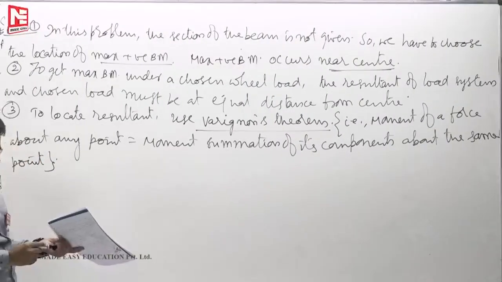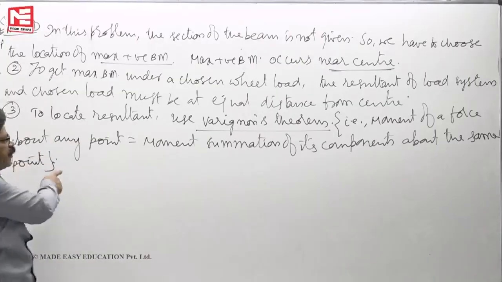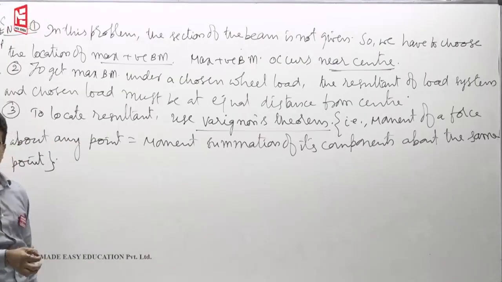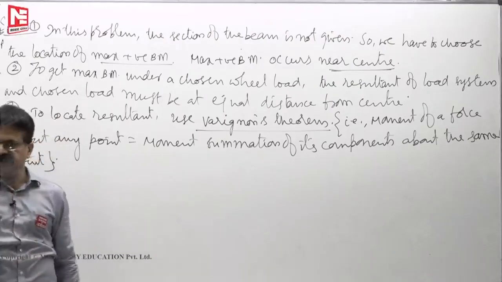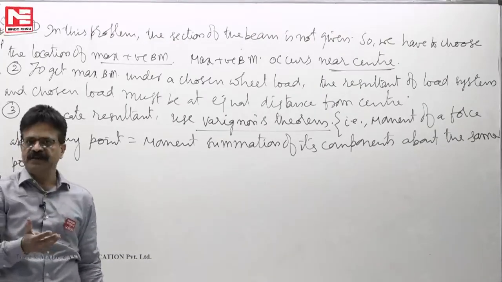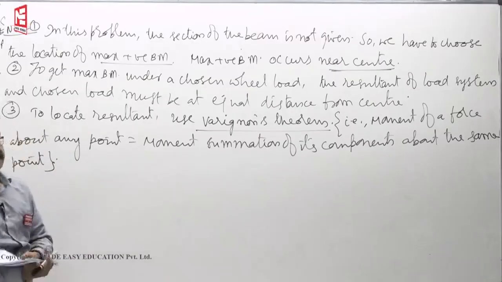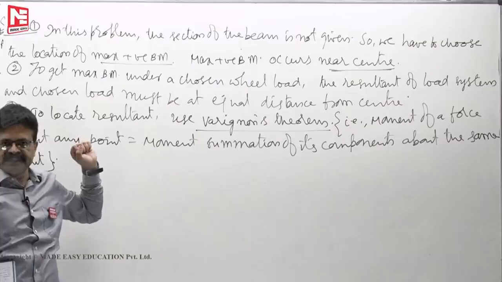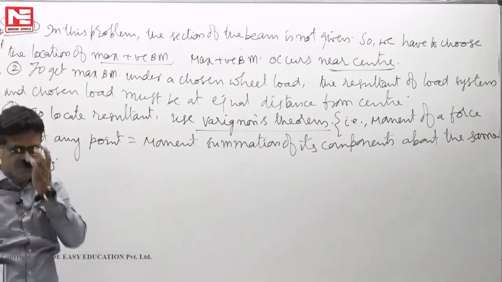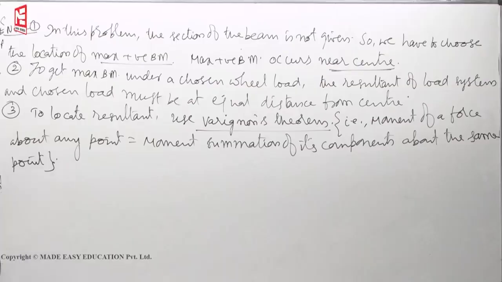In our civil engineering applications, we have applied this theorem in two places: to locate the line of action of the resultant, and to find the centroid of a line, area or volume. That concept we will take to find the location of the resultant.